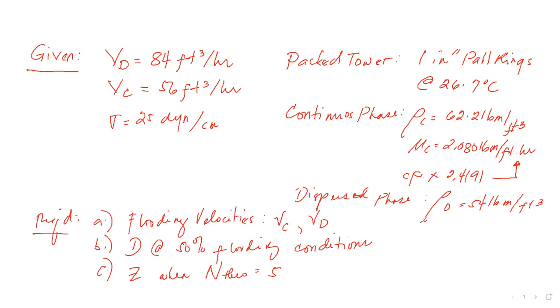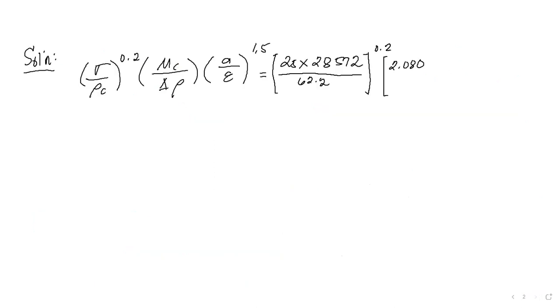That way you'll get the 2.080 value. So the 2.080 will be now divided by the difference in the densities of the two. So we have 62.2. By the way, this difference is absolute difference in density minus 54. Okay, then we multiply it with A and epsilon.